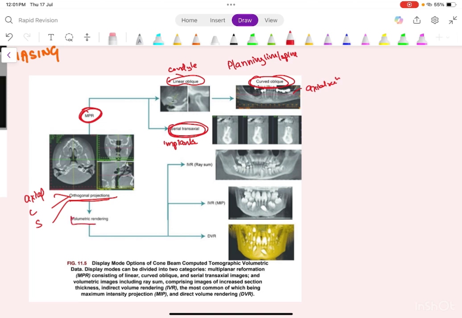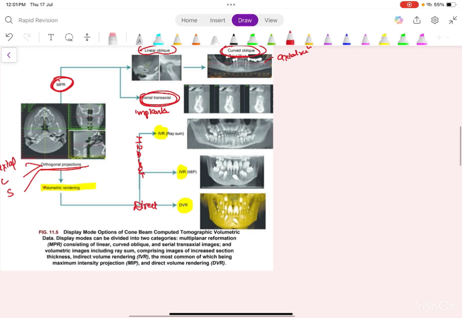Then we have something called as volume rendering. Now what do you mean by volume rendering? Volume rendering can be either direct or it can be indirect, okay. Now in direct you have sometimes called as MIP, okay, or you have RASM.